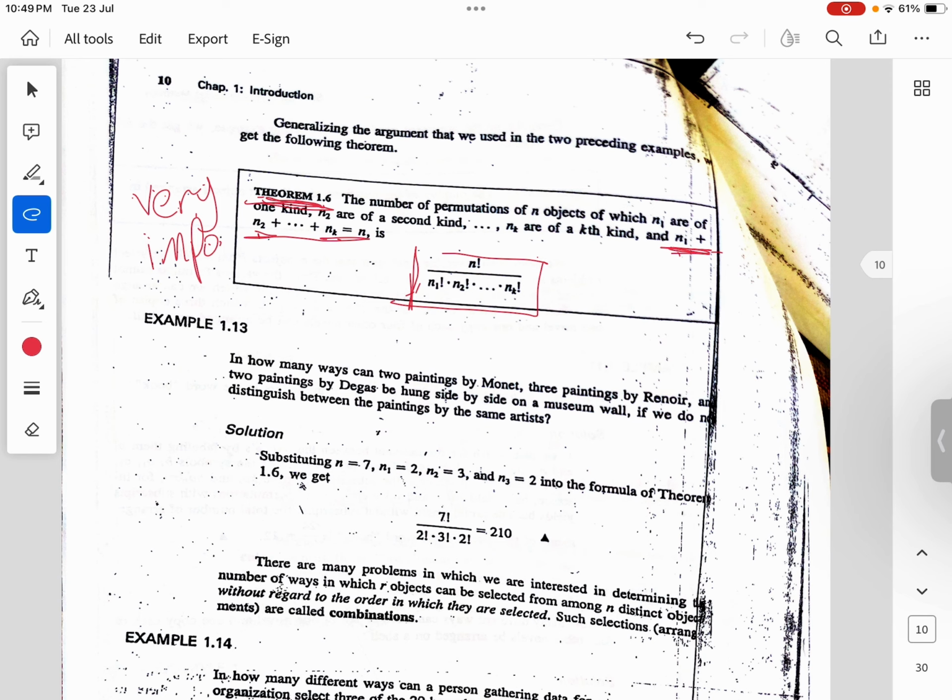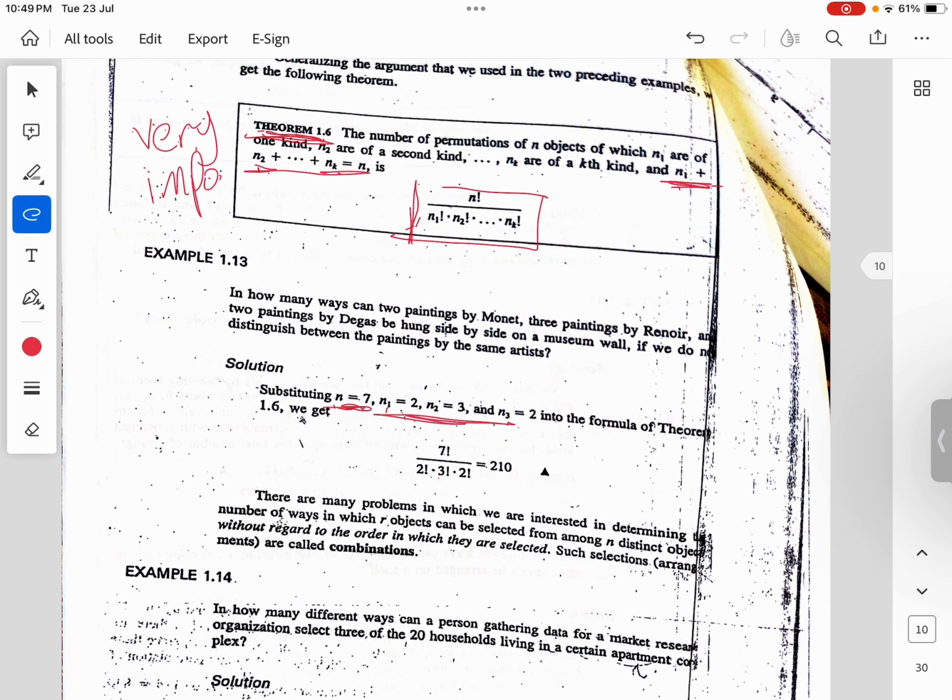We have n equal 7, and n1 plus n2 plus n3 is also 7. Then we use n factorial over n1 factorial, n2 factorial, n3 factorial. So we have 7 factorial over 2 factorial times 3 factorial times 2 factorial, which is 210. Notice that here order is important.